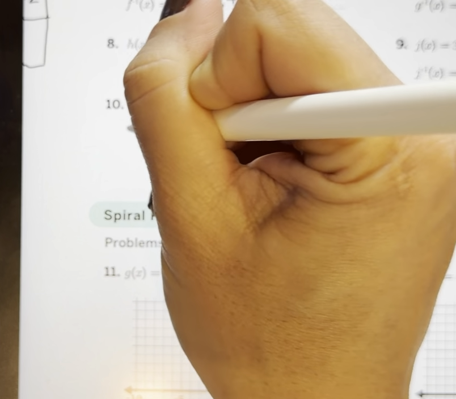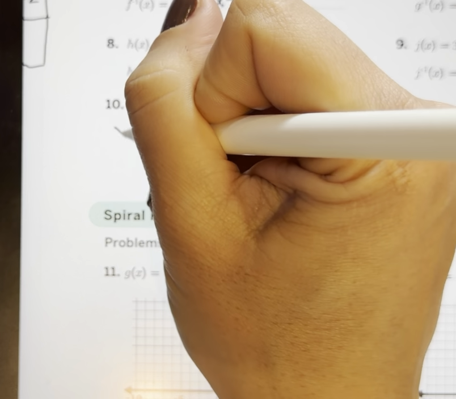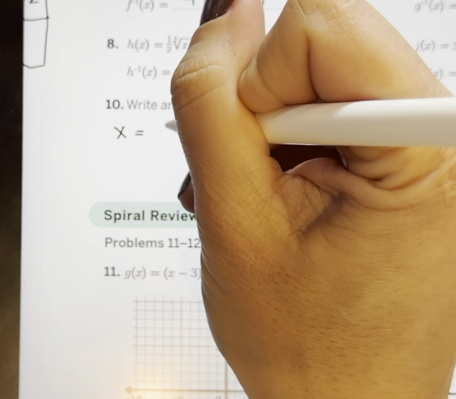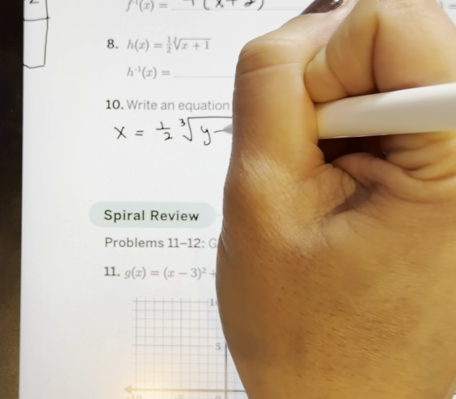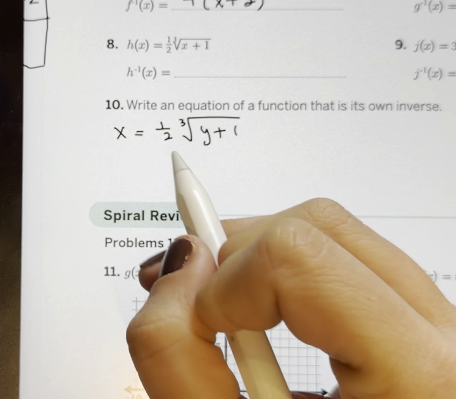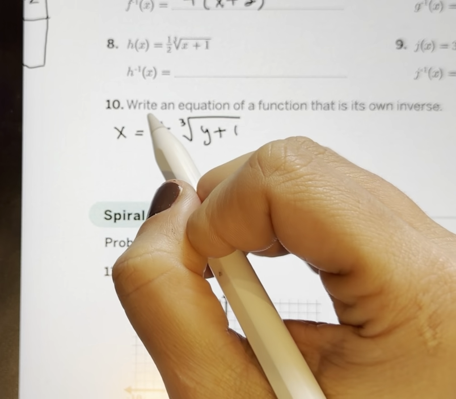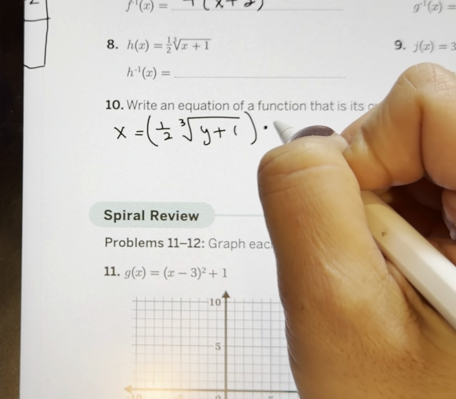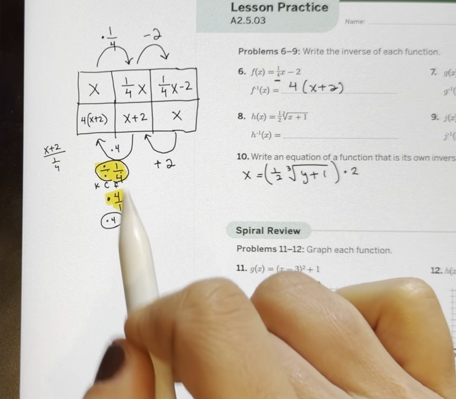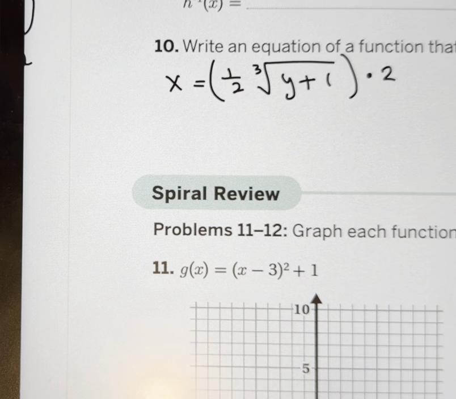Let's say x equals 1/2 the cube root of y plus 1. So the first thing I have to do is get rid of that 1/2. And instead of dividing by a half, I can multiply by 2, okay? Just like over here. So here it is, we're looking at it algebraically.